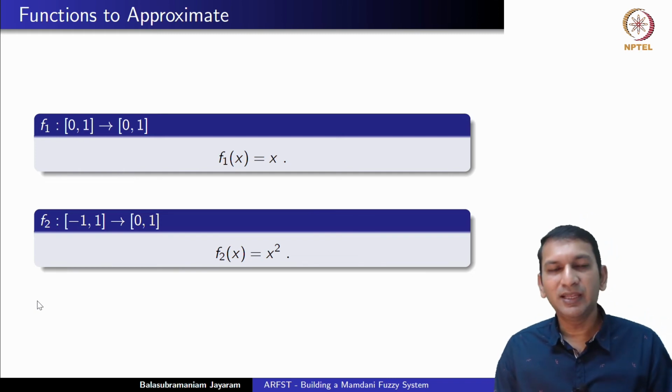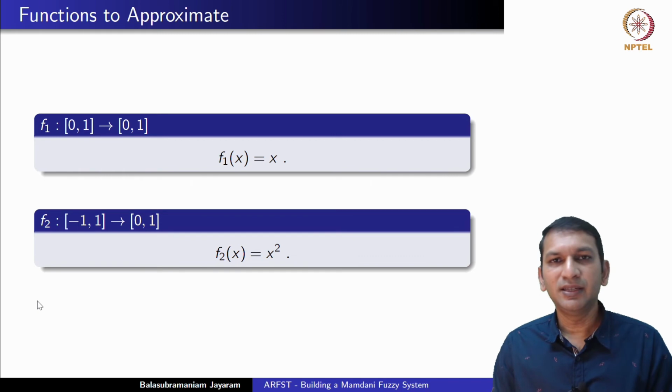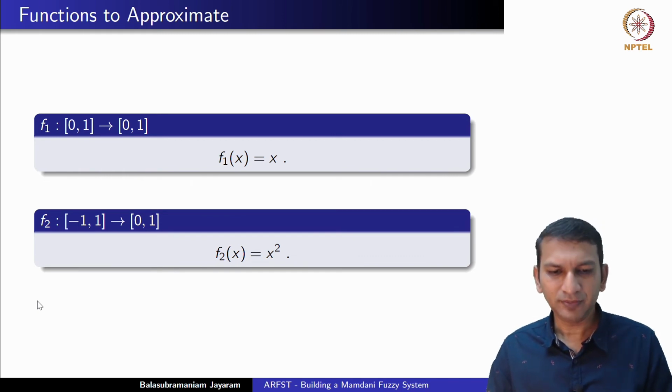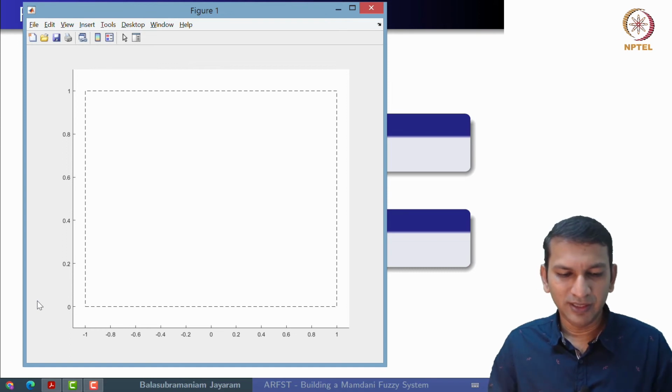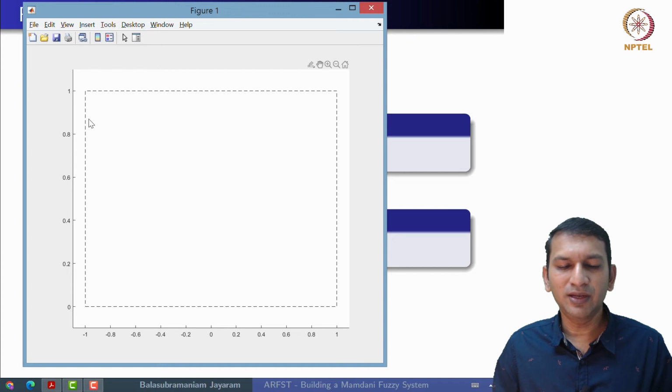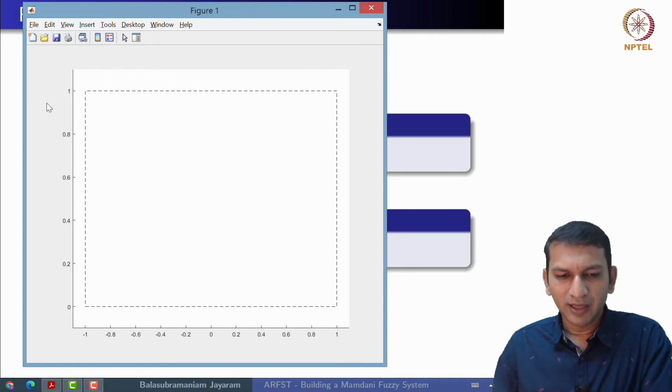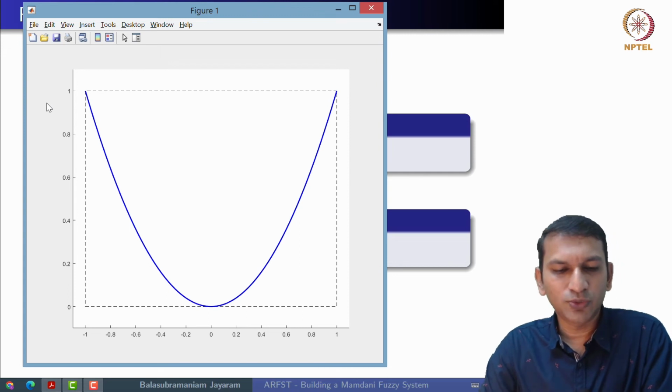However, let's apply the same logic that we applied to build a Mamdani fuzzy inference system to approximate this function. What do we have now? This is the domain of x, -1 to 1, and this is the domain of y, which is 0, 1. And the function we are considering is the x square function.